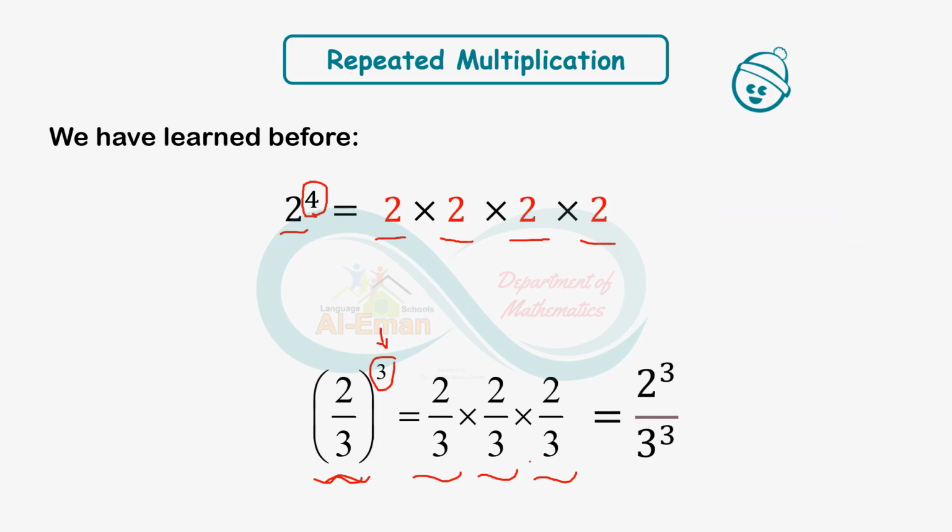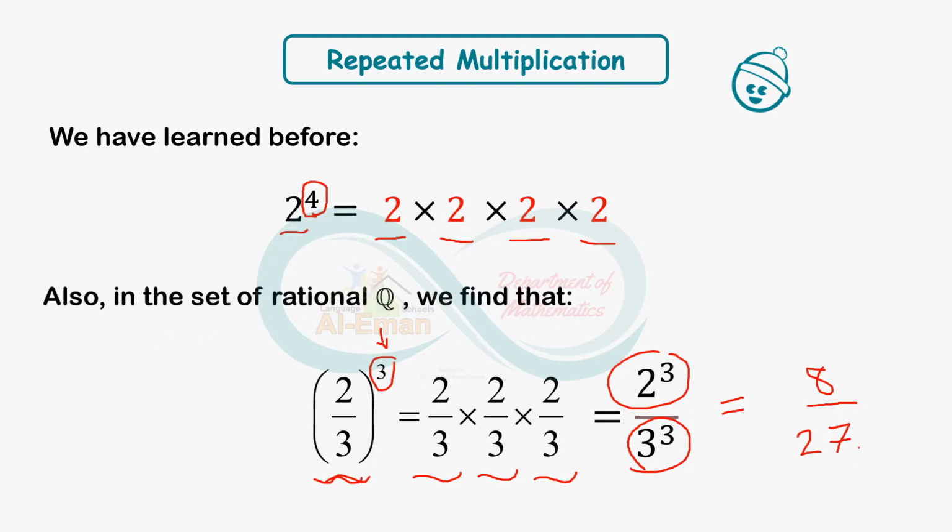And we can reduce it by multiplying all the numerators by each other: 2 times 2 times 2 gives 2 to the power 3, and 3 times 3 times 3 equals 3 to the power 3. It also equals 2 to the power 3, which is 8, over 3 to the power 3, which is 3 times 3 times 3 equals 27.